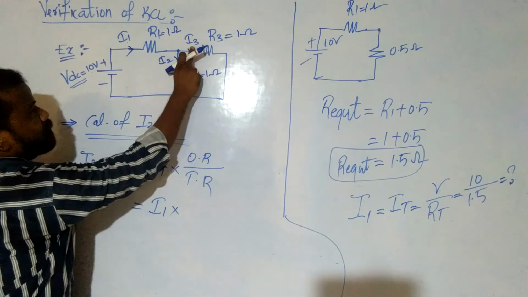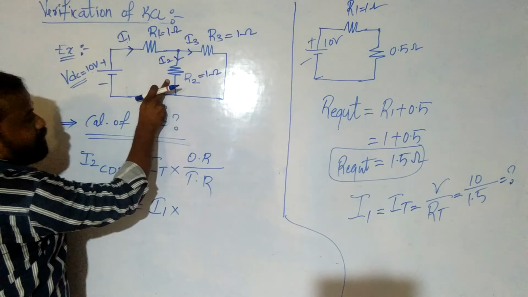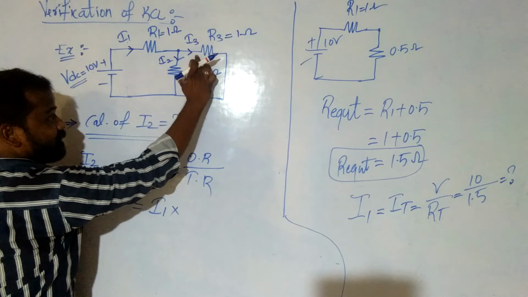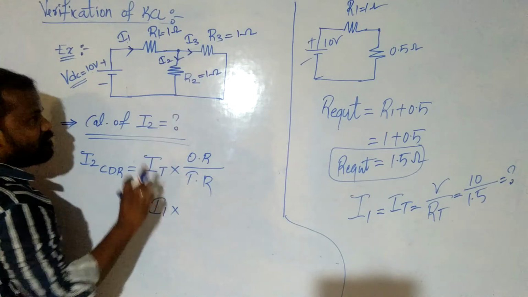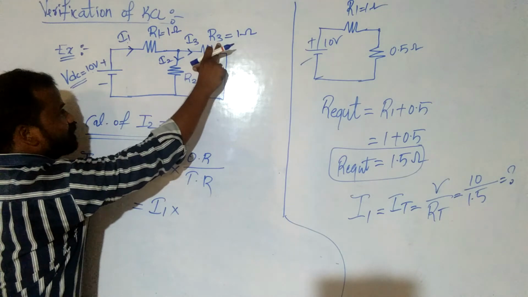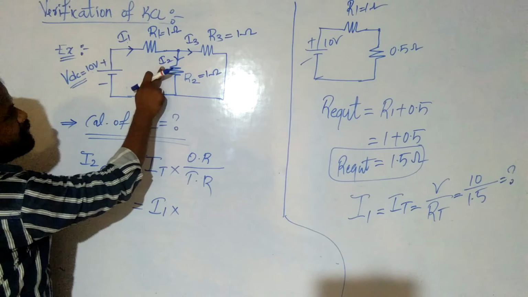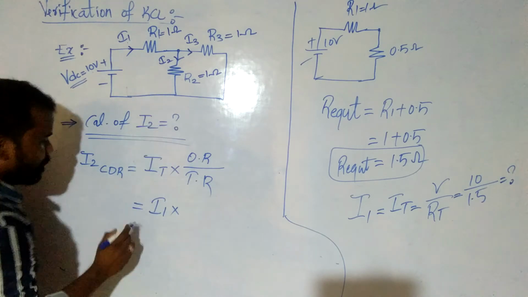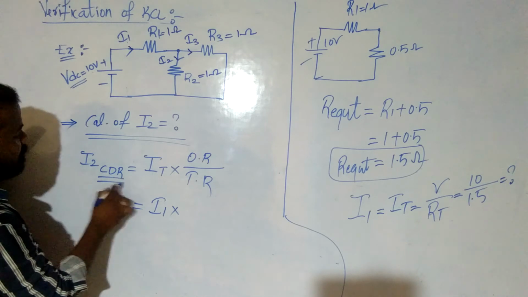If we are going to calculate the value of I3, then the opposite resistance is always R2, because the currents are divided only in these two branches. That's why the opposite resistance is always R2 or R3. Clear? So to calculate I2 we use the current division rule.